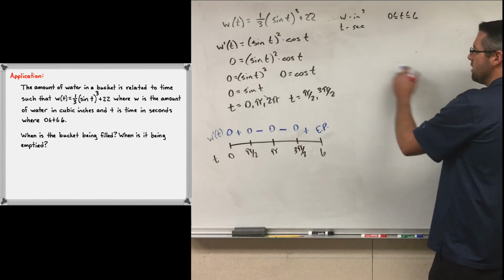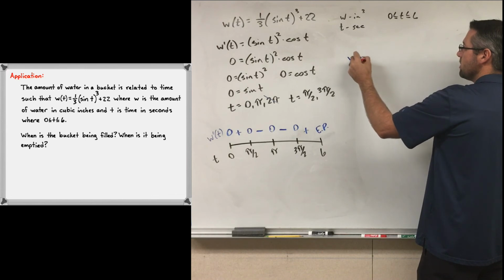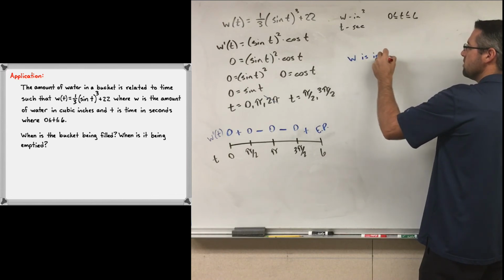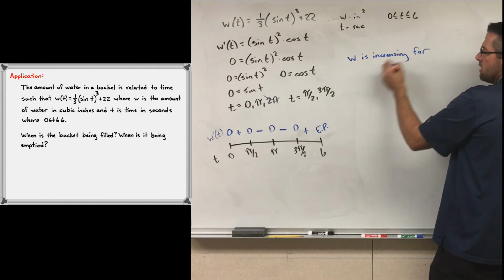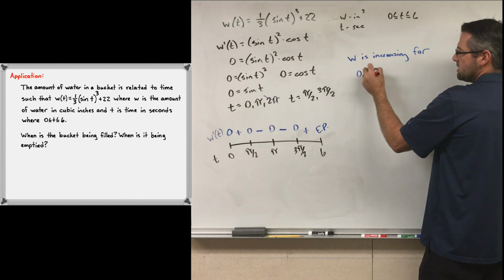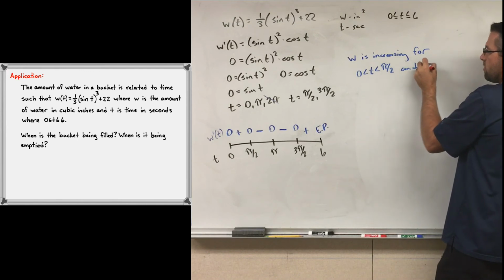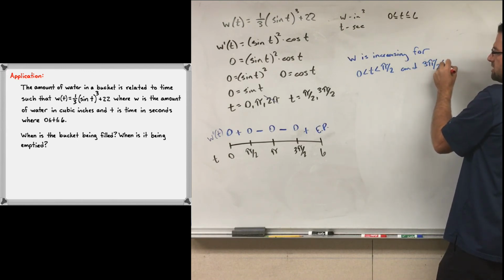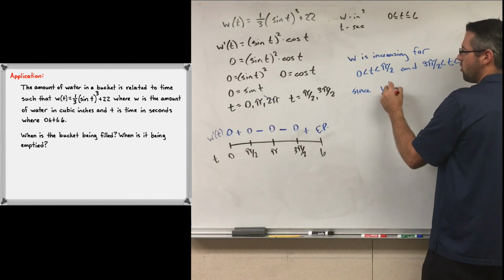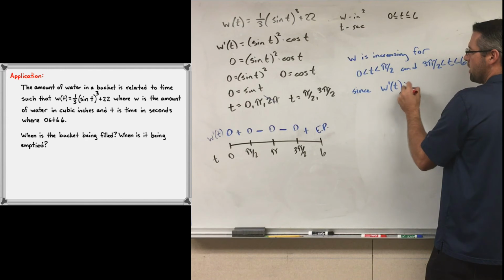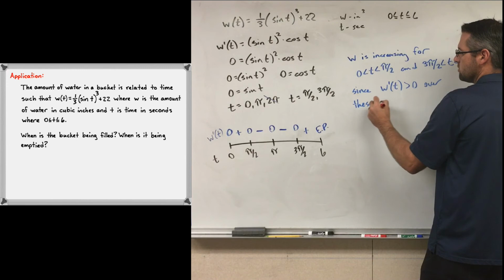So now that I know those values, we can say as a result of this, W is increasing for 0 less than t less than pi over 2 and 3 pi over 2 less than t less than 6, since we want justification here, since w prime of t is greater than 0 over these intervals.